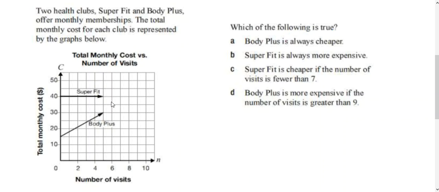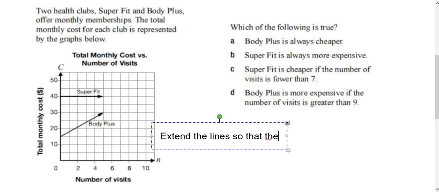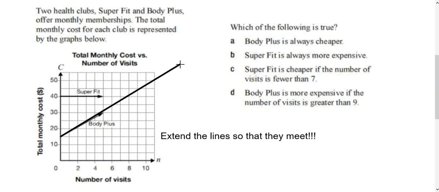Now, when we have 2 lines here, the first thing you want to think about: extend the lines so they meet. So I'm going to go to my line builder, and I'm actually going to extend this line.